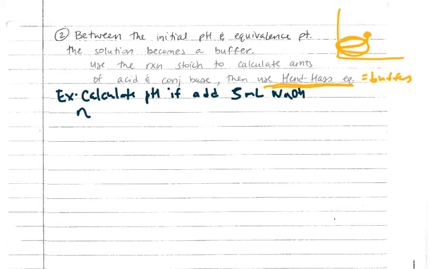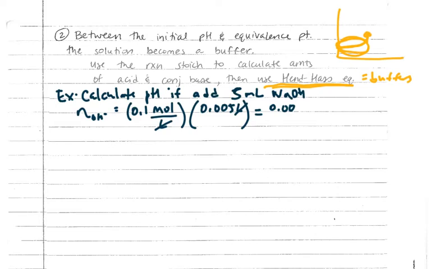So first we'll figure out the moles of the hydroxide. That's going to be the concentration of the hydroxide, which on the previous slide we said that NaOH was a 1 molar solution. In other words, there's 1 mole per liter. And if we're adding 5 milliliters, that's just 0.005 liters. Our liters cancel out, and we end up with 0.0005 moles of hydroxide.